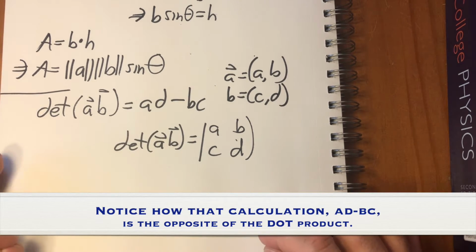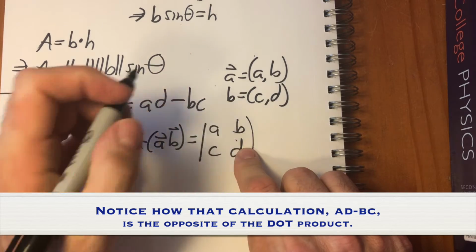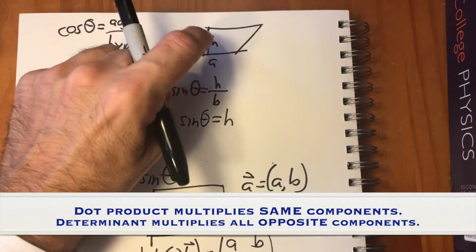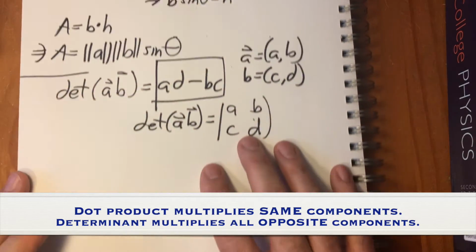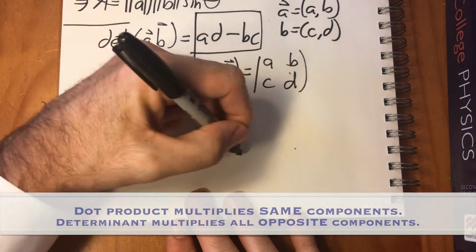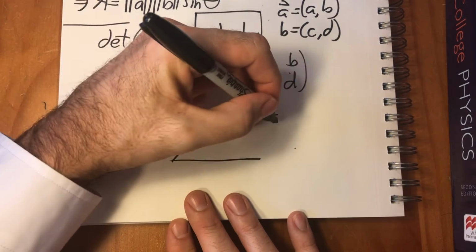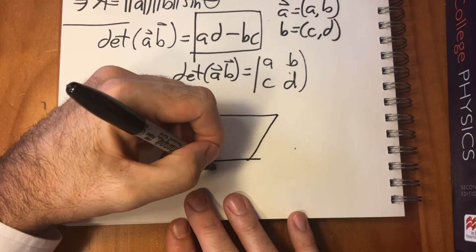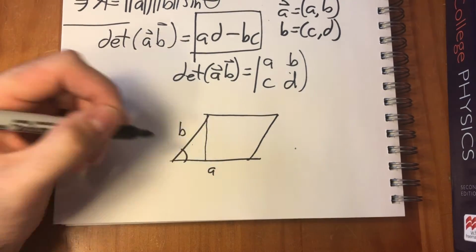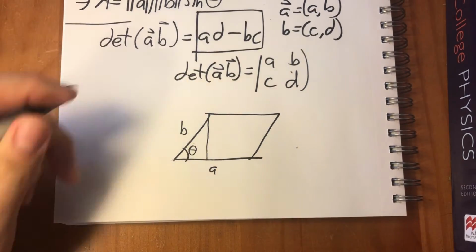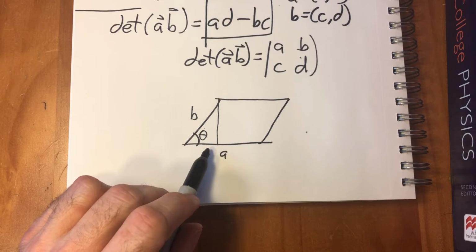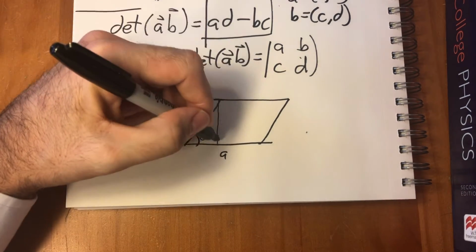So what I want to show you is that this gives you the area of the parallelogram. So how can I show you that? We have a parallelogram A, B, the vector or the angle here. Now, we need this distance here.